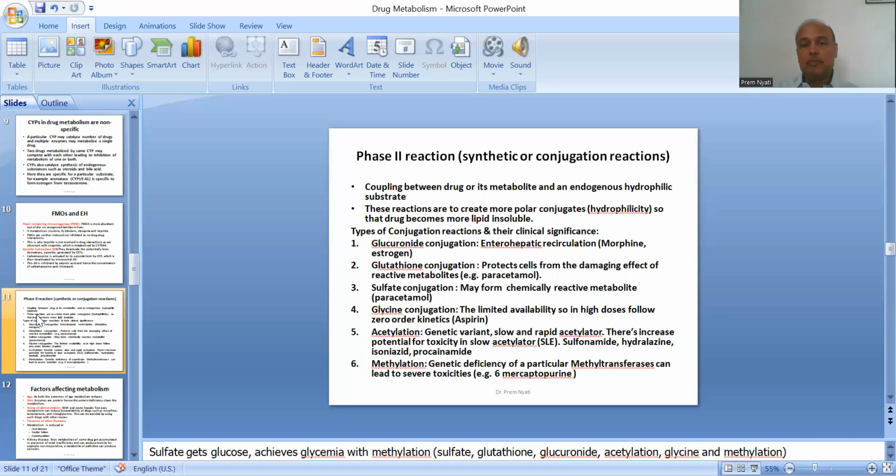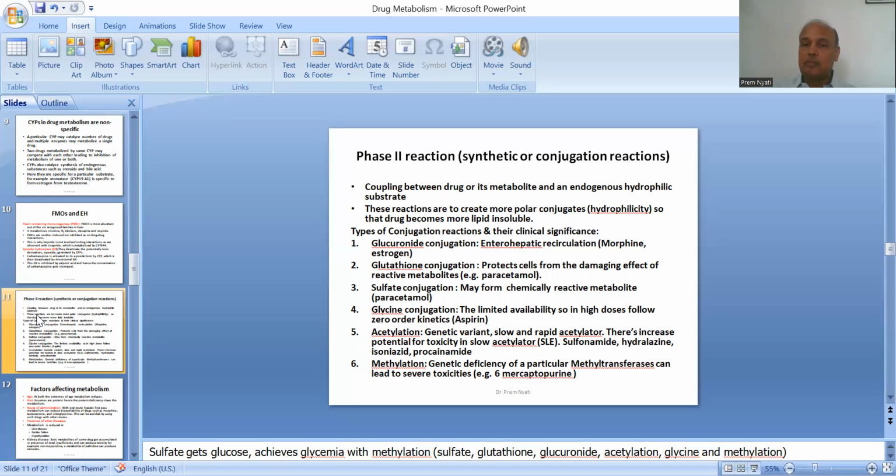Sulfate conjugation, there can be the formation of the chemically reactive metabolite as we have seen with the paracetamol, which is leading to a reactive metabolite that is toxic to the liver.